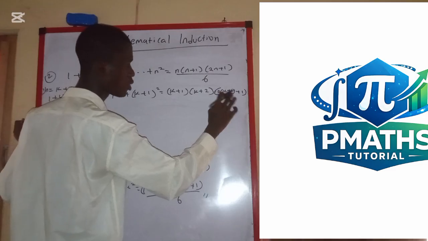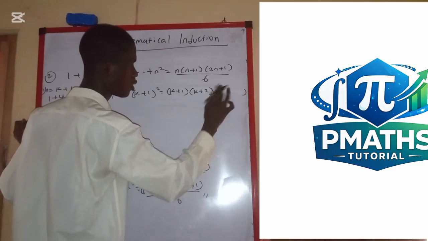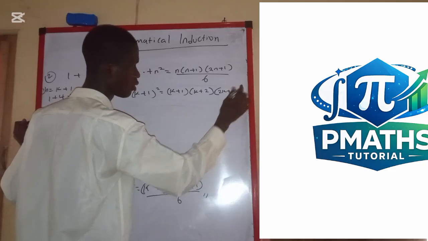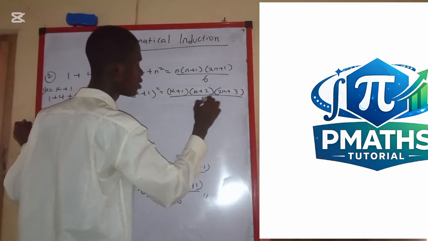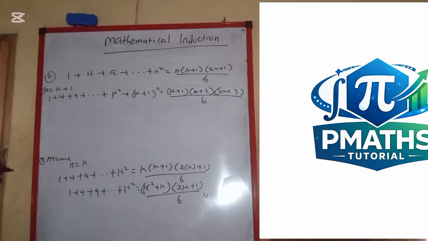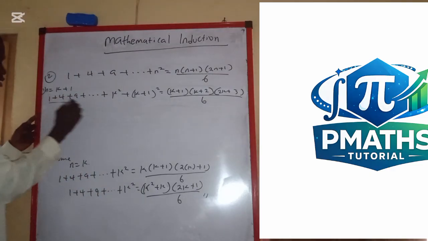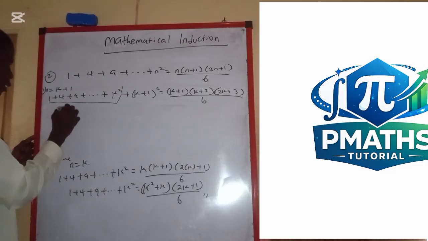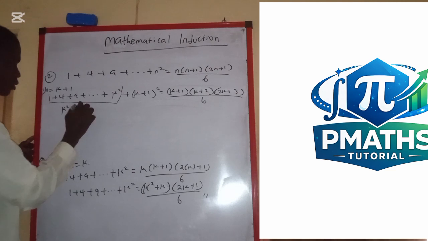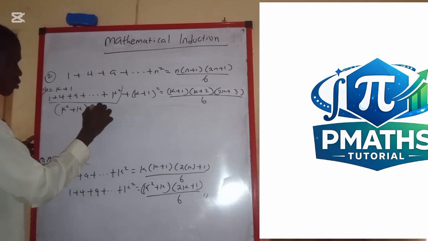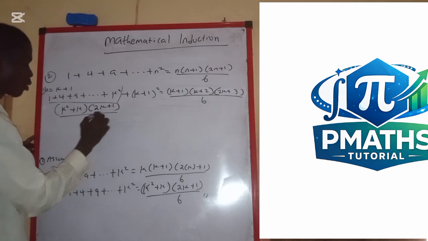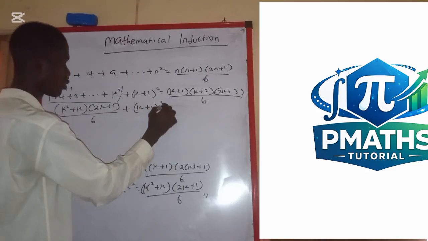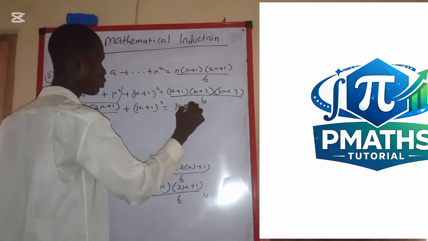You can also write it as 2k plus 2 plus 1, that's 2k plus 3, over 6. So we know this can be written as k squared plus k times (2k plus 1) over 6 plus (k plus 1) squared.